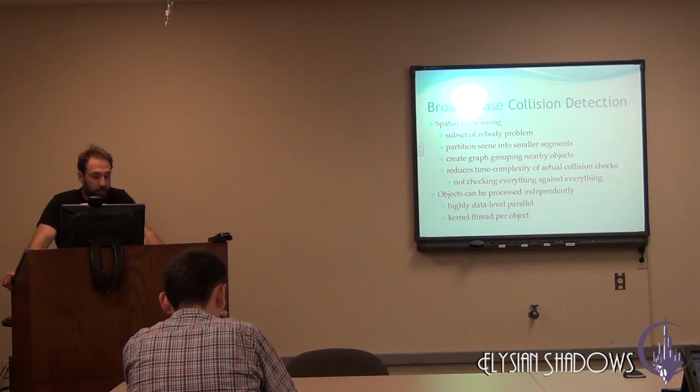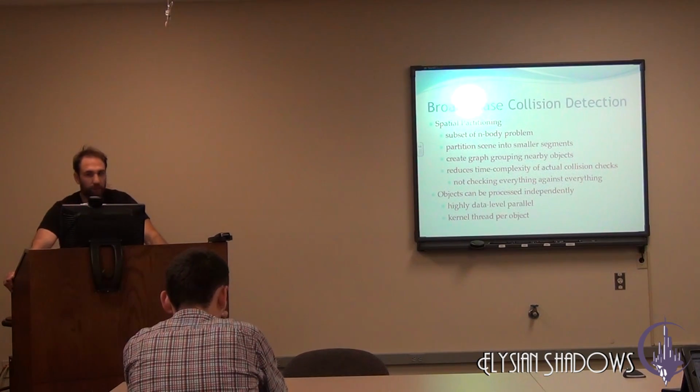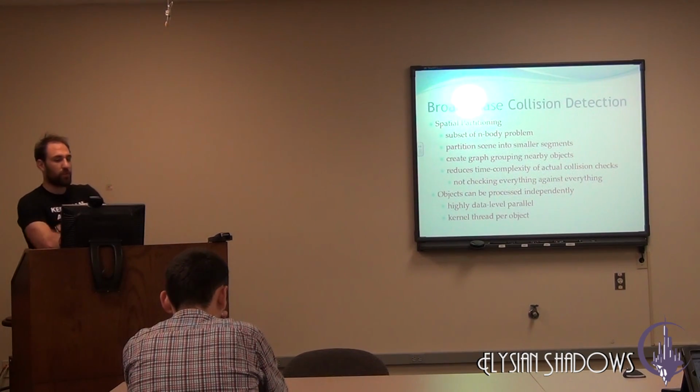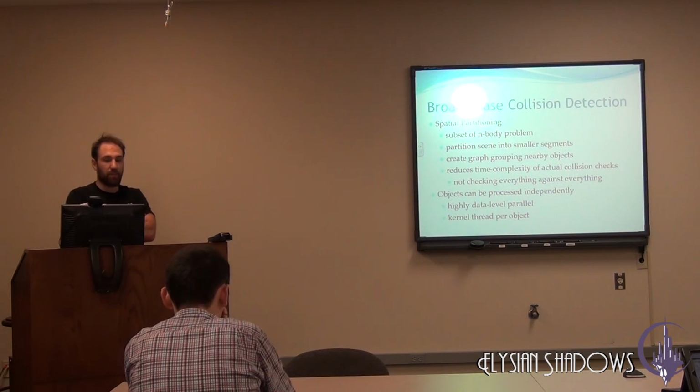Broad phase collision detection is also pretty popular for GPGPU acceleration. Well, when I say popular, I mean it's starting to be popular in academia. These aren't necessarily used much outside of NVIDIA and AMD. So broad phase collision detection is also called spatial partitioning. It's a subset of the n-body problem.